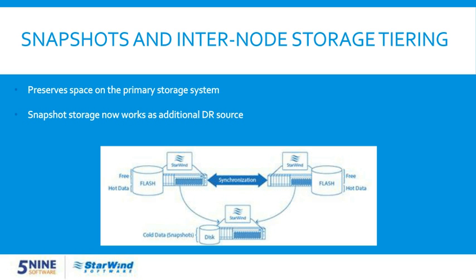Let's say you have a third node which has a SATA RAID 5, and this node will be used to store your snapshots. Would you like to go back in time, and for that you keep half of your all-flash array filled up with snapshots? No. You would like those snapshots on slow storage, which is cheap. You'd like your flash to be working for your applications and for I/O, not for your snapshots. So that's the idea behind internode storage tiering.